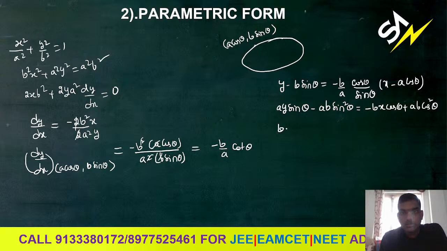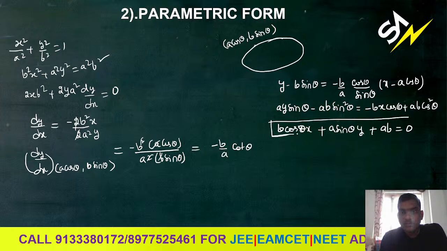So here we have b cos theta x plus a sin theta y minus ab equal to 0. This is the equation of a tangent in parametric form. Got it?